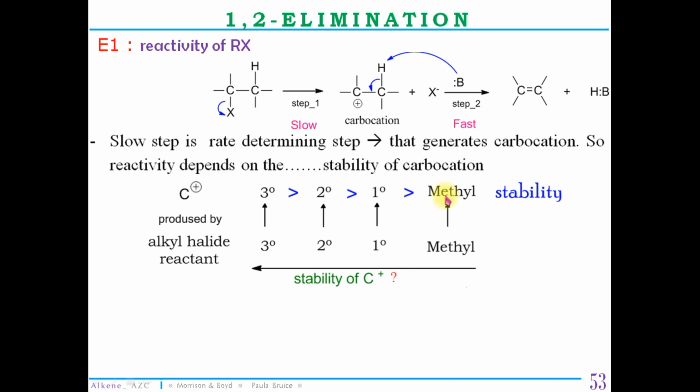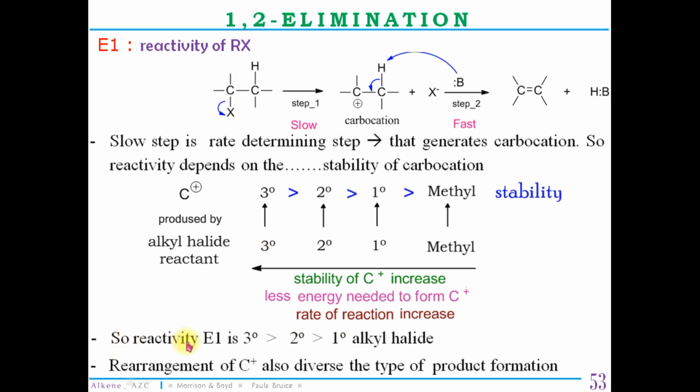Now from methyl to tertiary carbocation, the stability of carbocation increases, and therefore the energy needed to form carbocation is lesser, and therefore the rate of reaction will increase from methyl to tertiary when we are using methyl halide to tertiary alkyl halide.